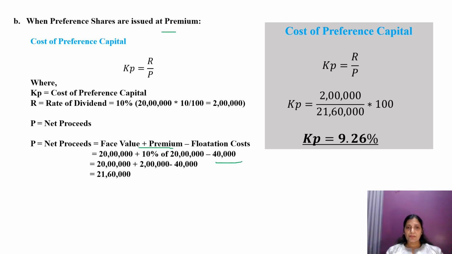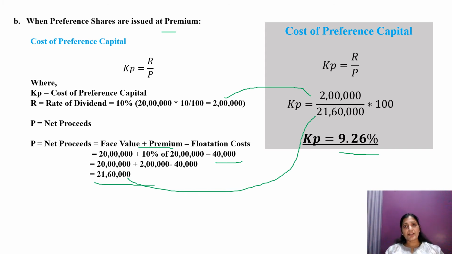So 20 lakhs plus 2 lakhs minus 40,000, you will get 21 lakhs 60,000. These values I have substituted here. That is KP is equal to 2 lakhs divided by 21 lakhs 60,000 into 100. The 2 lakhs is R, taken from here, and this value is taken from here. So you'll get 9.26%. This is the cost of preference shares which are issued at a premium of 10% on issue price.